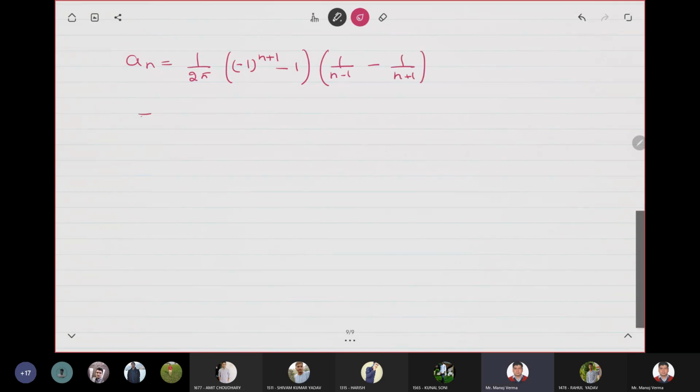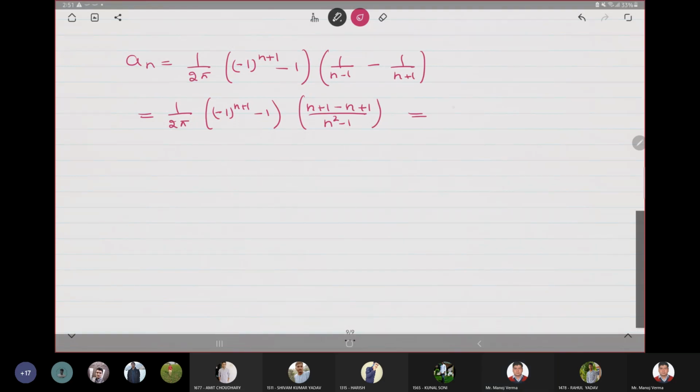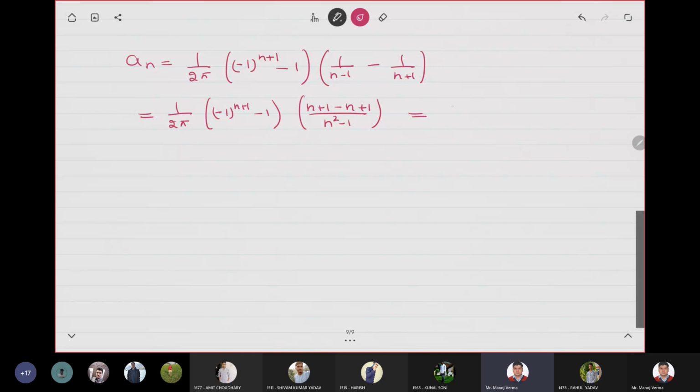Now you can simplify the second expression. It will be 1 over 2π, minus 1 raised to the power n plus 1 minus 1. If I take n squared minus 1, it will become n plus 1 minus n plus 1, so this will become 2 over n squared minus 1. The 2 will cancel with the 2 in the denominator.